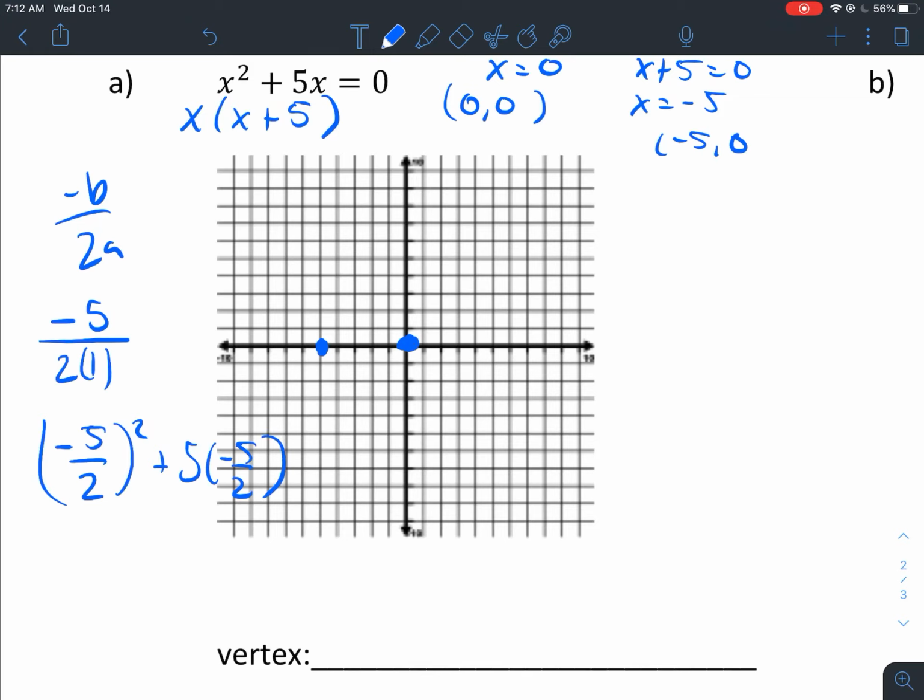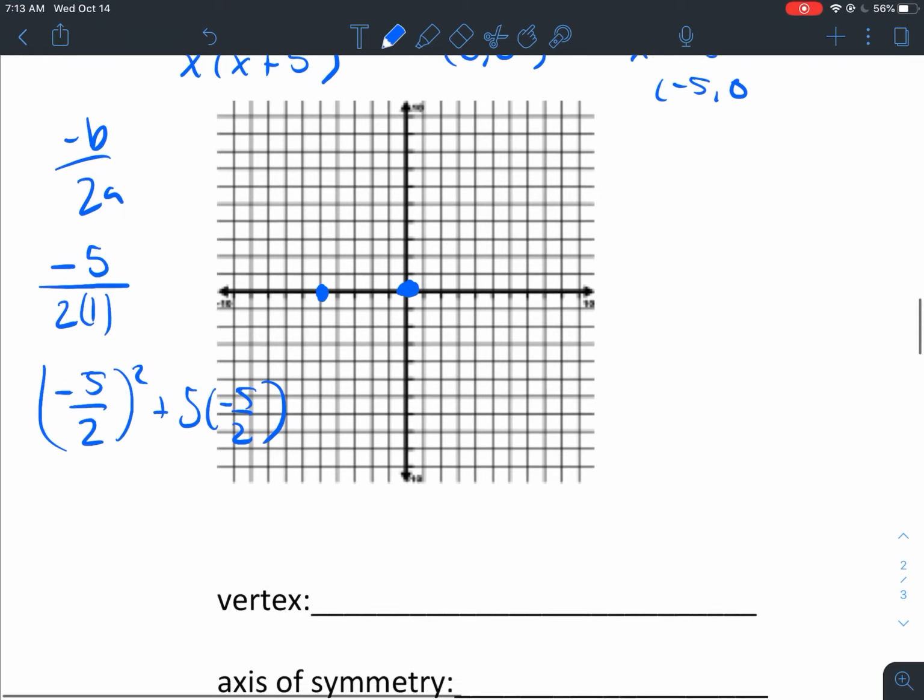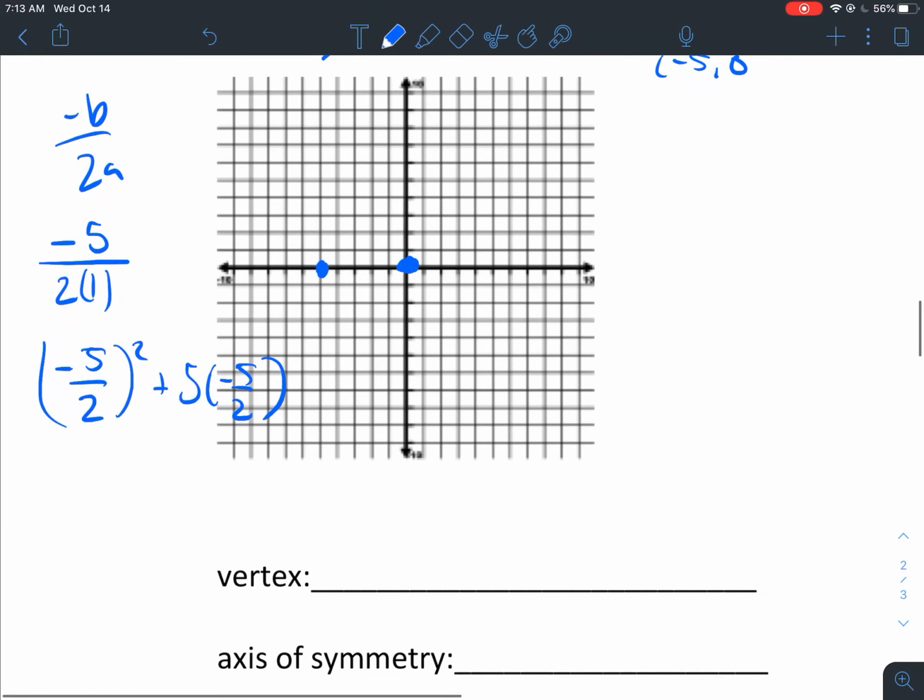All right. So let's plug that in. Plus 5 times negative 5 divided by 2. And I got, I love when my calculator freaks out. Fun. All right. I got negative 6.25.